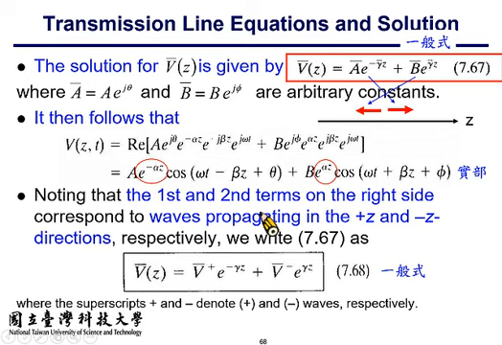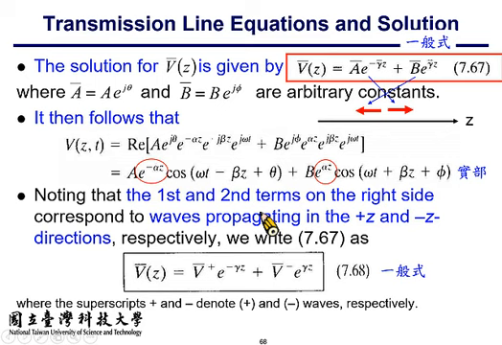So you notice that there is a sign difference in the exponent. One is exponential minus gamma z, while the other one is exponential gamma z. They share the same propagation constant because they are on the same transmission line. However, the wave propagation directions are different. The first one goes to the right, so it has exponential minus gamma z dependence.